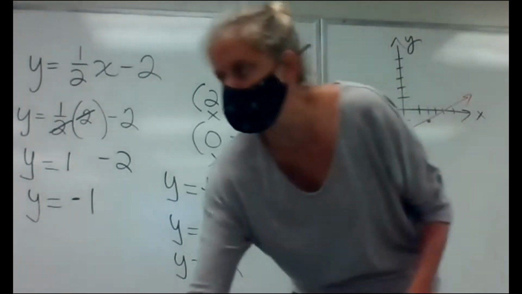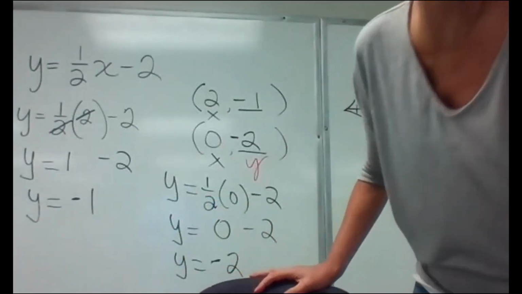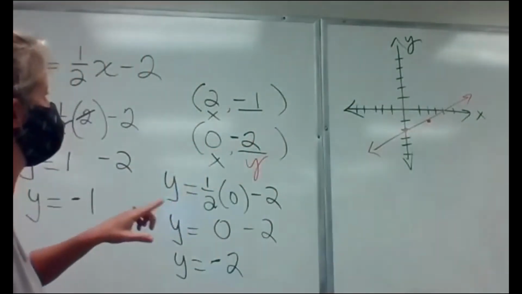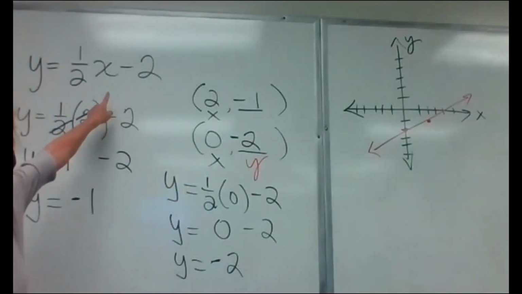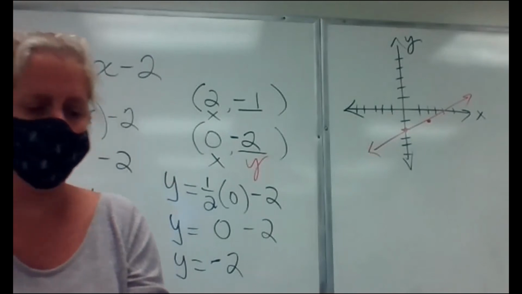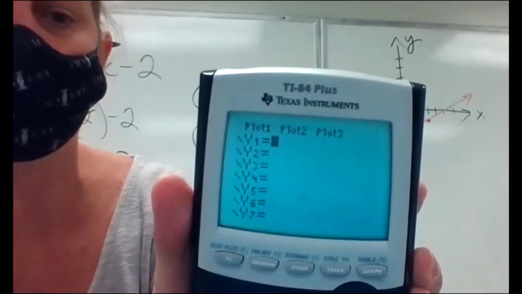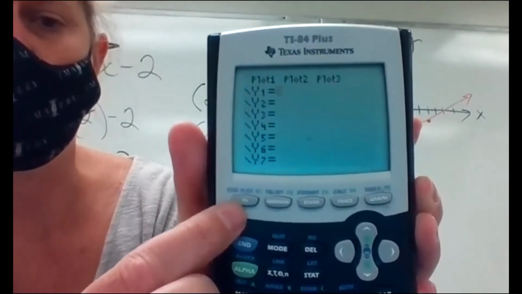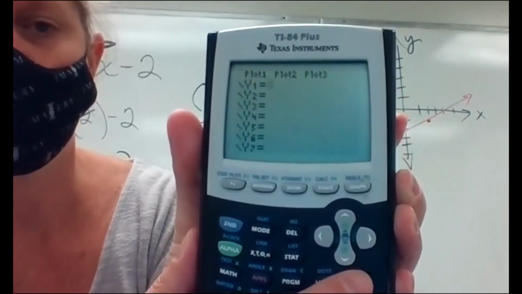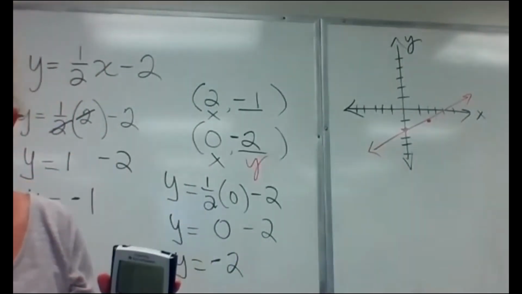Let's try this one. I'm going to share my screen real quick and do this because I want you to see how you're going to graph in MATLAB. But before I do that, let's type this, y equals 1/2 x minus 2, using the calculator. So go to your y equals and clear it out. Type in your new equation.